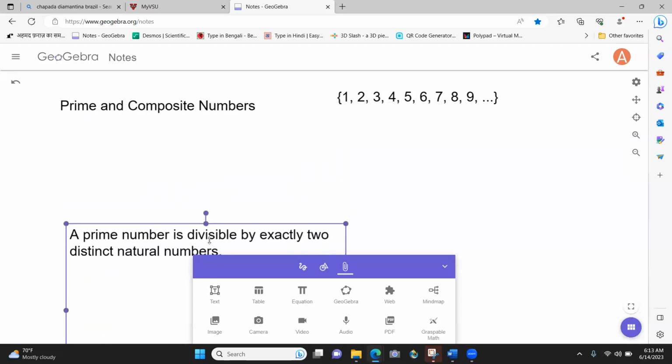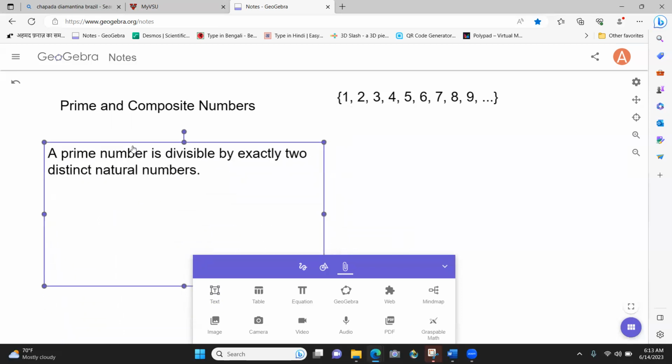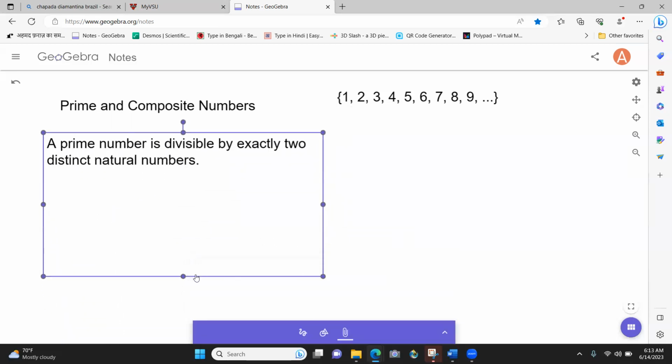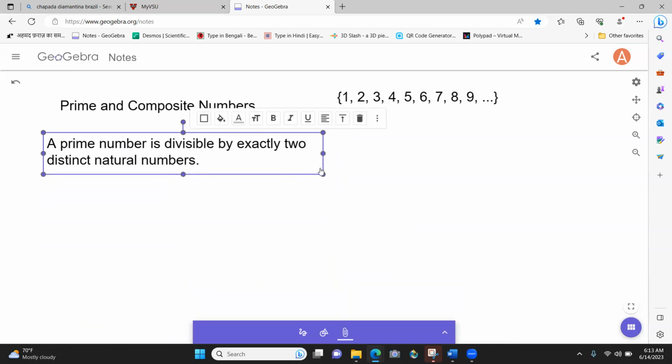A prime number is divisible by exactly two distinct natural numbers.